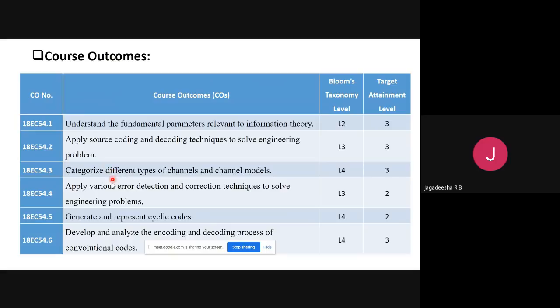Similarly, in the next outcomes, you will be able to understand and also apply different channel coding methods, and you'll be able to appreciate those methods, because when the information is transmitted from the source to the destination through a noisy channel or maybe a noiseless channel, how these different channel coding methods will help us to recover the information. All these things you'll be able to appreciate. So this slide basically gives the outcomes of this course. At the end of the course, you will have these abilities.